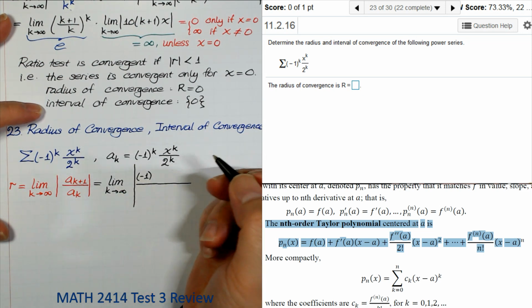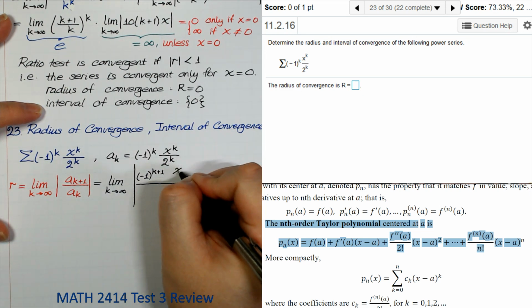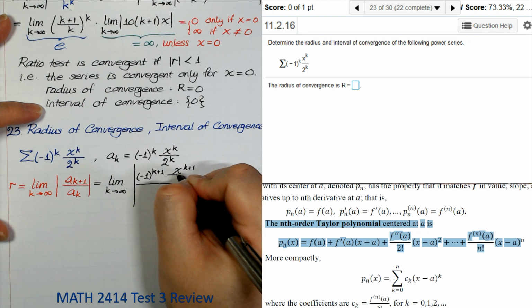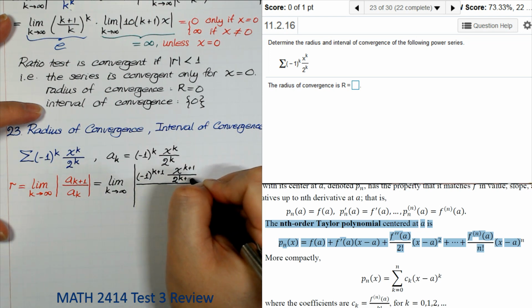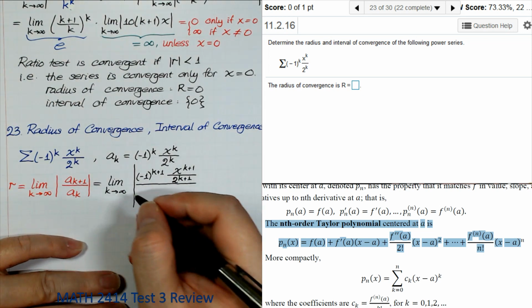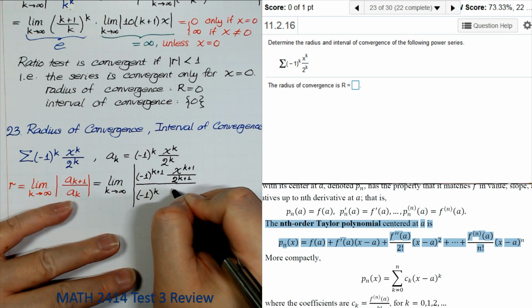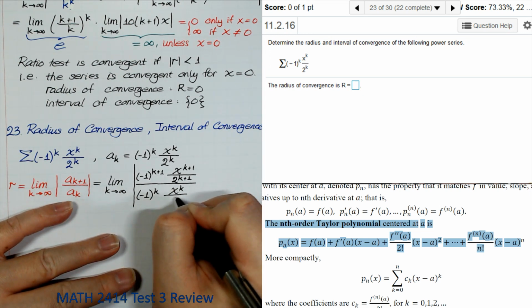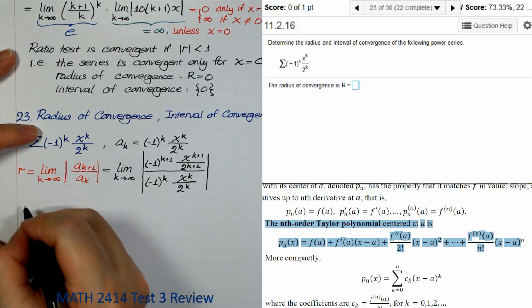(-1) to the k plus 1, x to the k plus 1, 2 to the k plus 1. Okay. Over (-1) to the k, x to the k, 2 to the k. Multiply reciprocal.